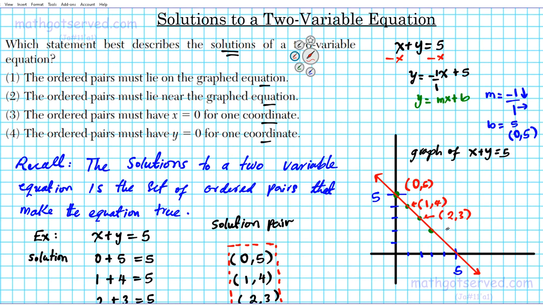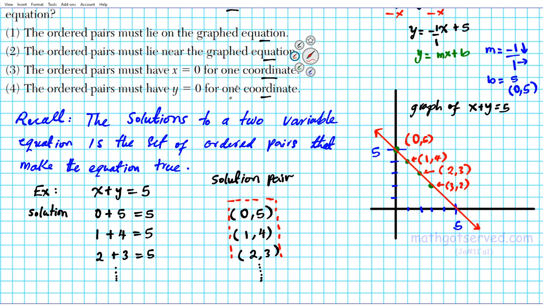Okay, so 2, 3 can keep on going. 2, 3, 3, 2. So what you're doing when you're drawing this graph is you're plotting the solution pair to the original equation. Okay, so let's write down that conclusion. Very important.